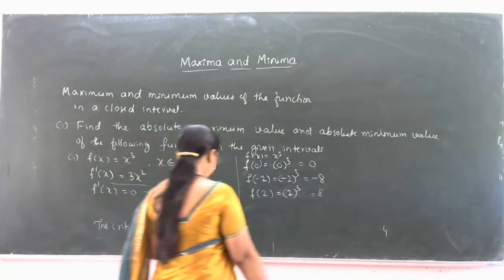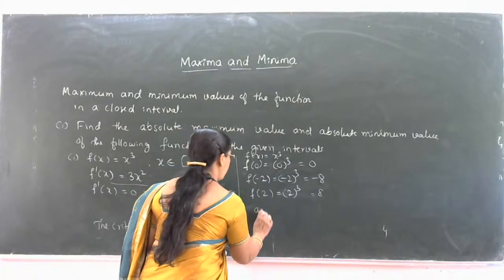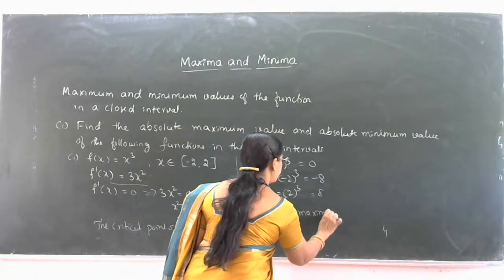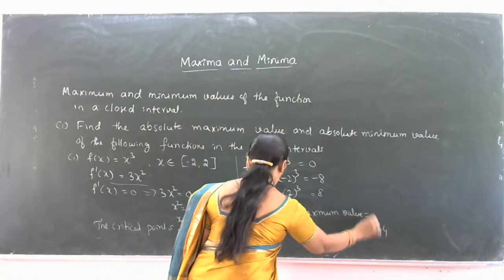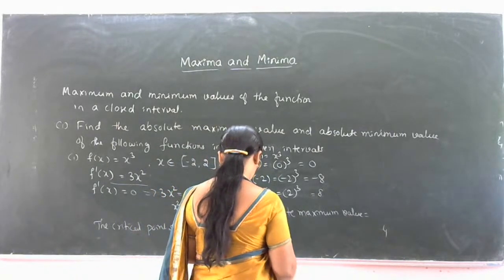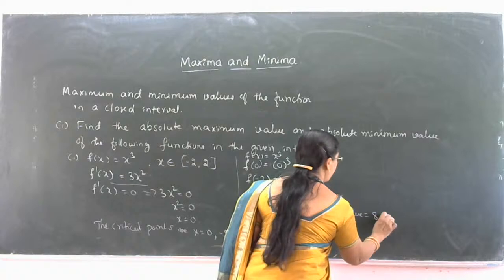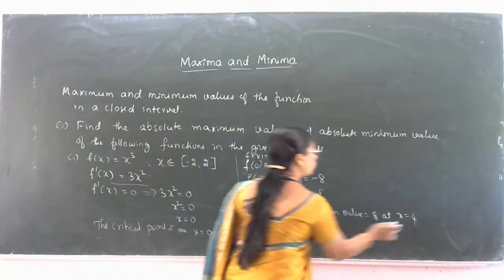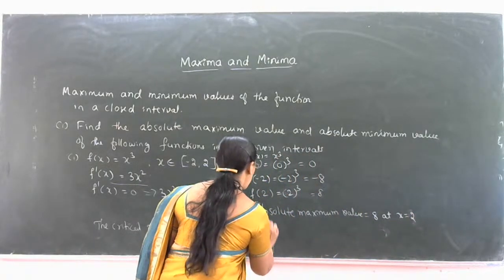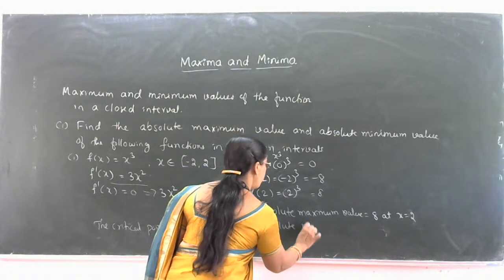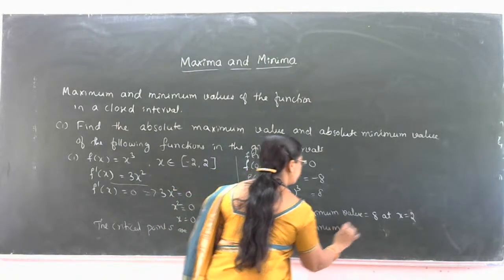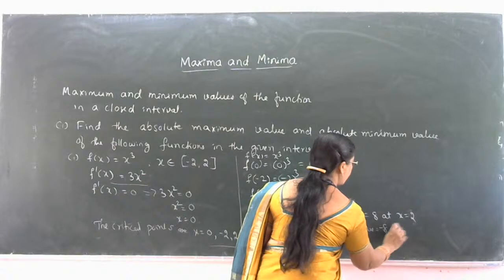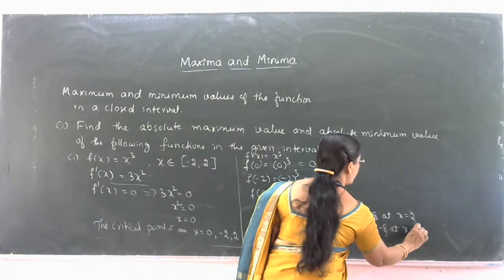Then the absolute maximum value is 8 at x equal to 2, and the absolute minimum value is minus 8 at x equal to minus 2.